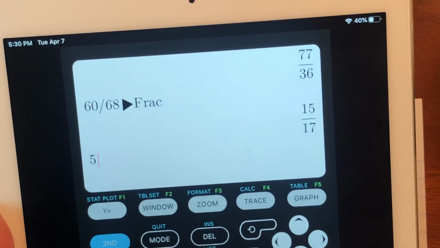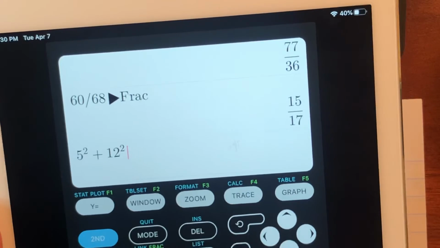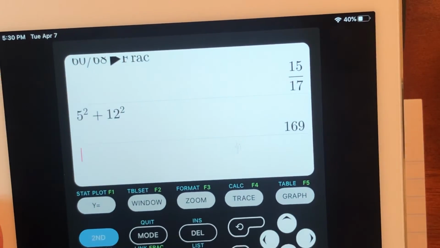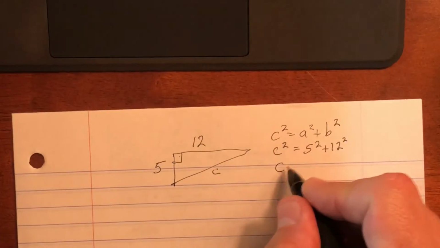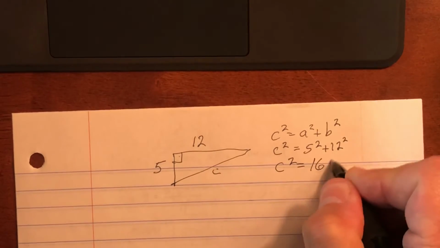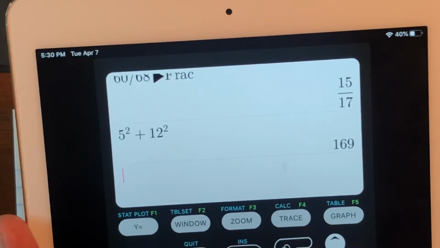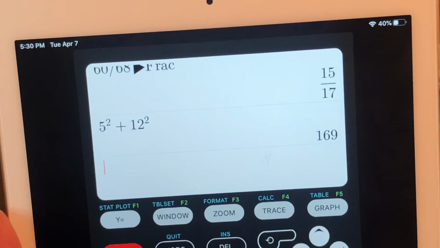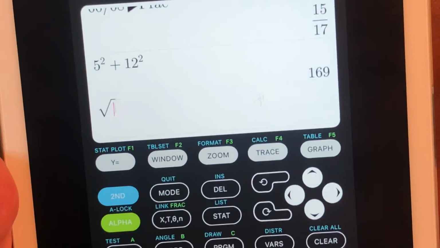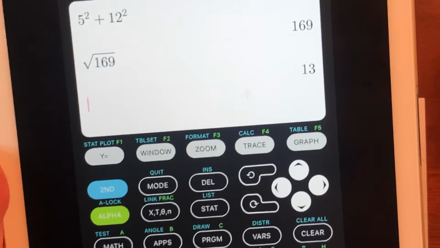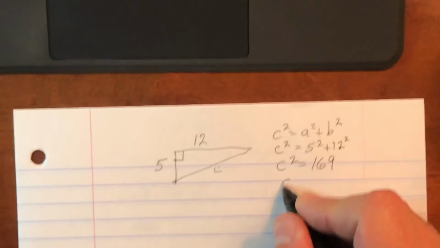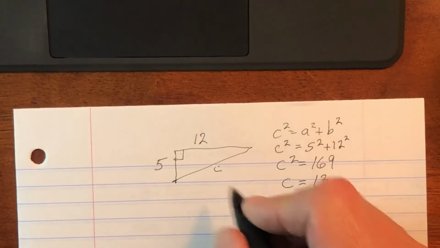So if you want, on your calculator, you can take 5 squared plus 12 squared and get 169. So that means c squared is 169. The square root, hit second, square root of 169 is 13. So that means c is equal to 13.